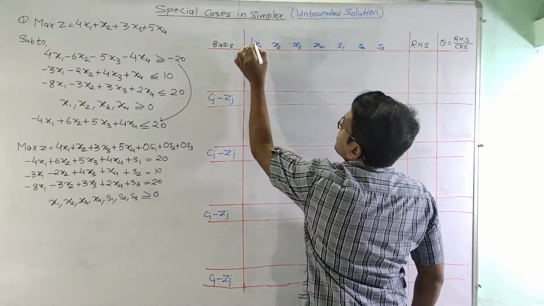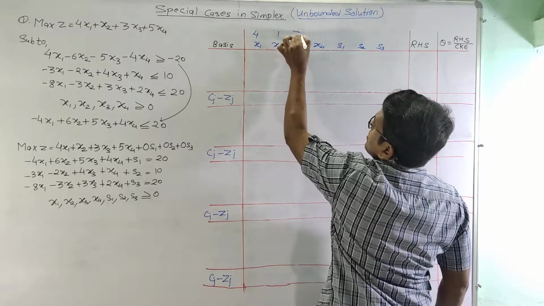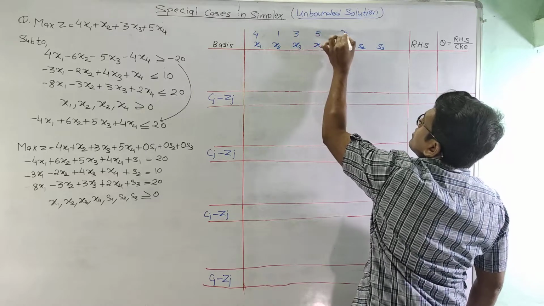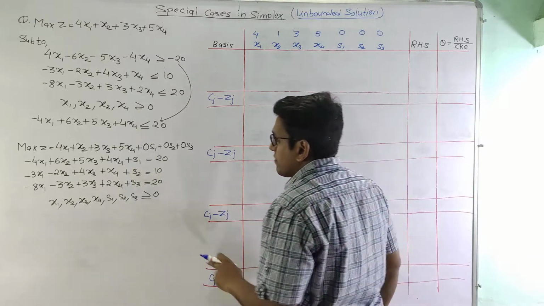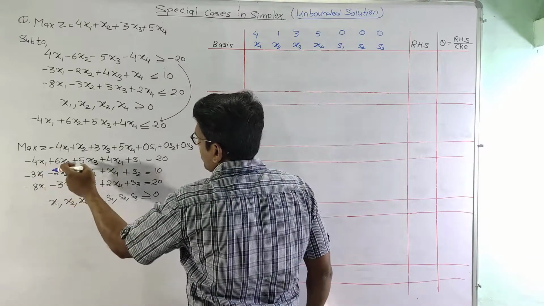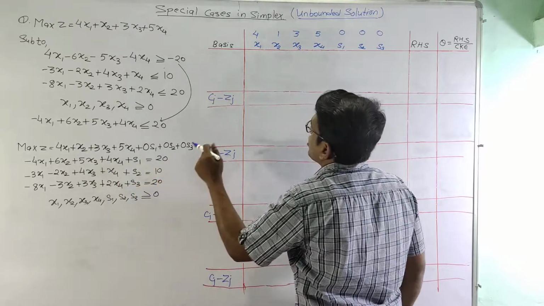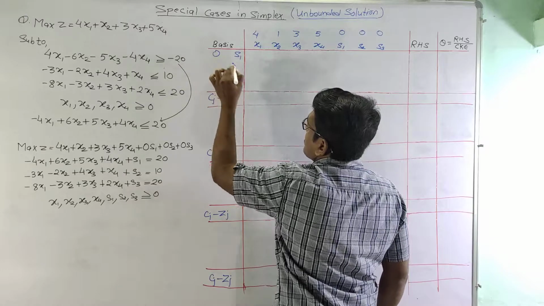Objective function coefficients are 4, 1, 3, 5, 0, 0 and 0. Now in the first constraint, if we put x1, x2, x3, x4 equal to 0, we will have s1 equal to 20. So s1 can enter the basis.